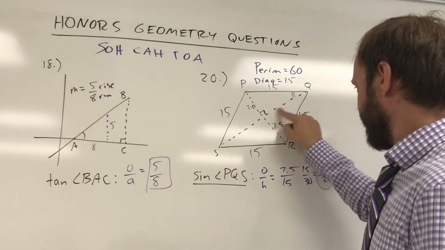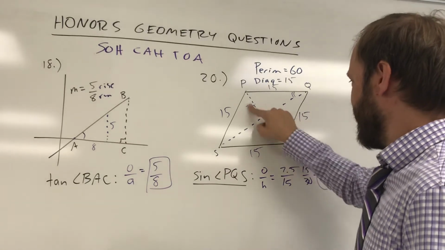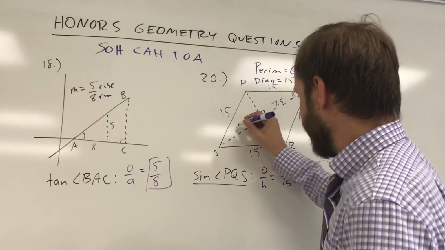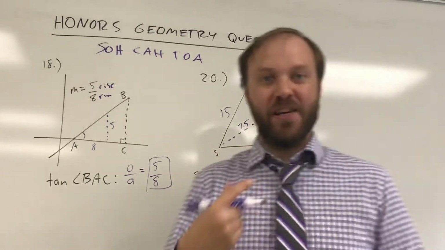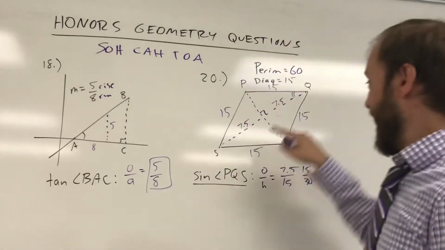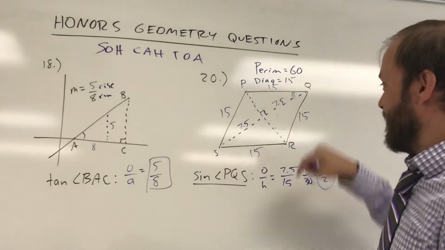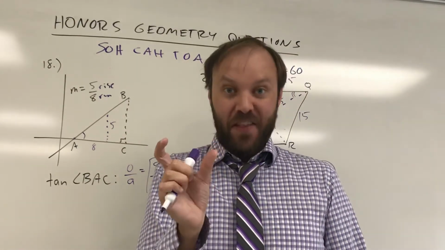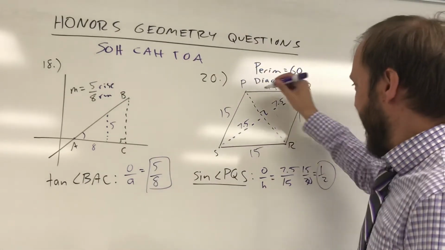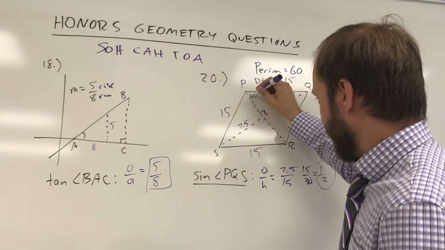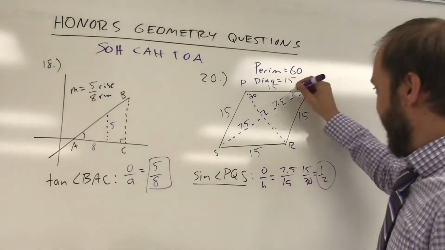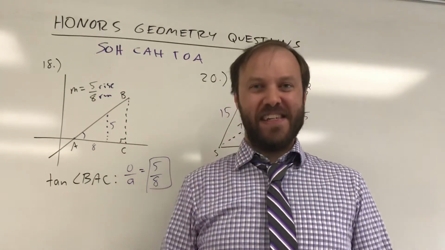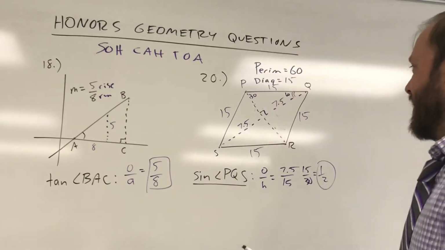Unfortunately, when you move the 7.5, if I put the 7.5 here and the 7.5 here, it doesn't really match my picture very well. The leg is still half of the hypotenuse, okay? Remember, that leg that's half the length of the hypotenuse is opposite the 30-degree angle, okay? So what's happening is, this would be your 30-degree angle, and that would be your 60-degree angle, and visually it's just a little bit tough to see that because that's not how the picture was drawn, okay?